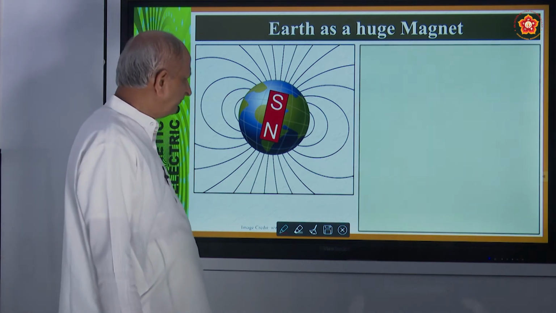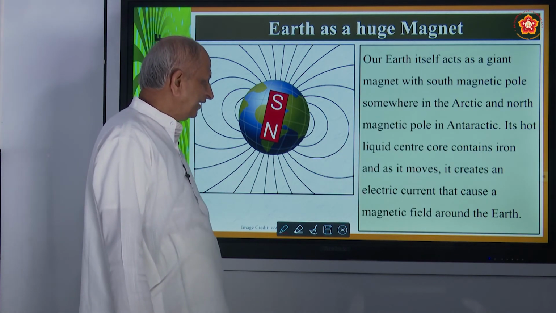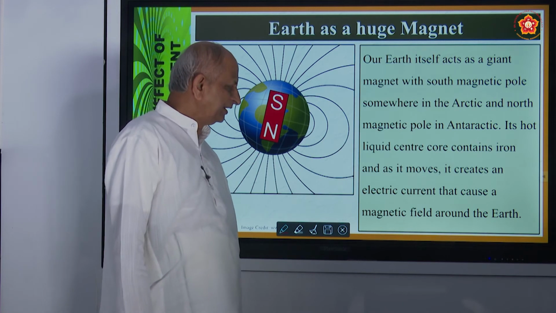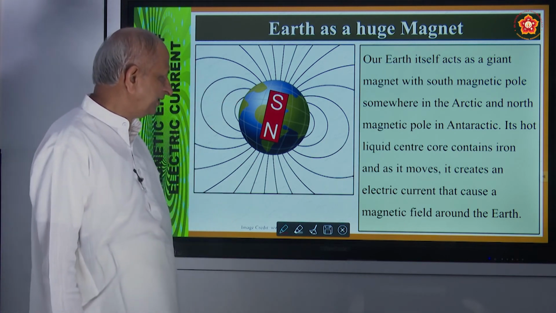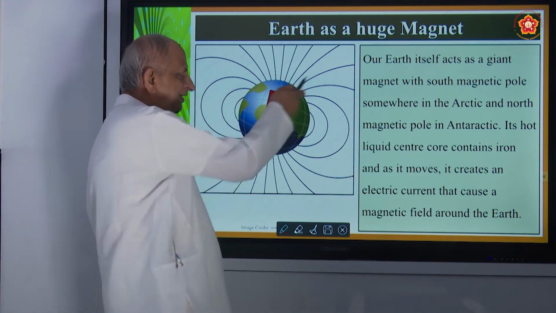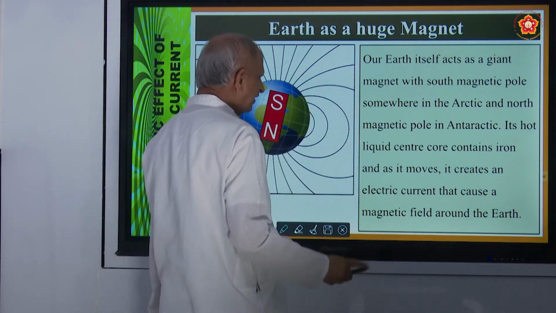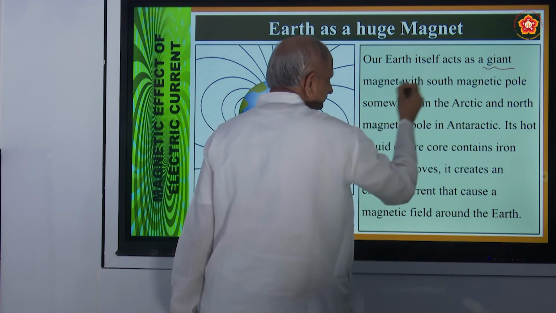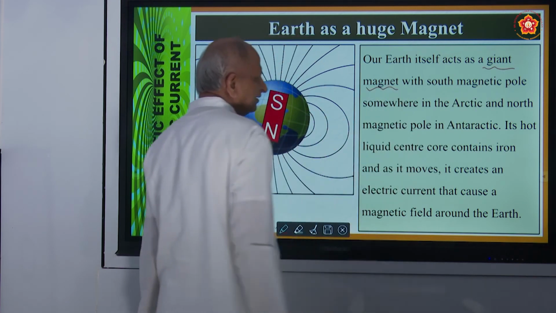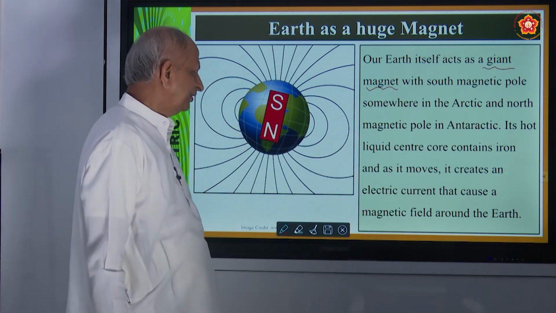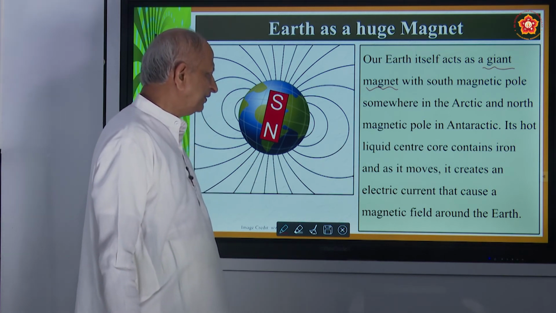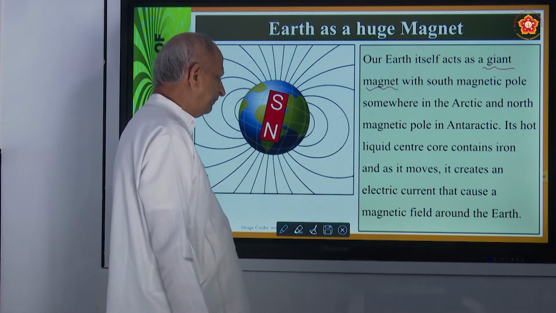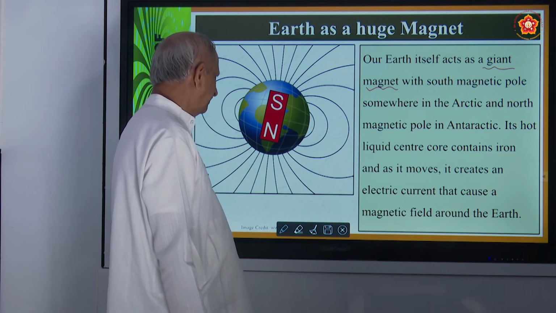That is because of metals like iron and nickel being present inside the earth. Our earth itself acts as a giant magnet, not ordinary. Giant magnet, with the south magnetic pole somewhere in the Arctic and the north magnetic pole in the Antarctic.